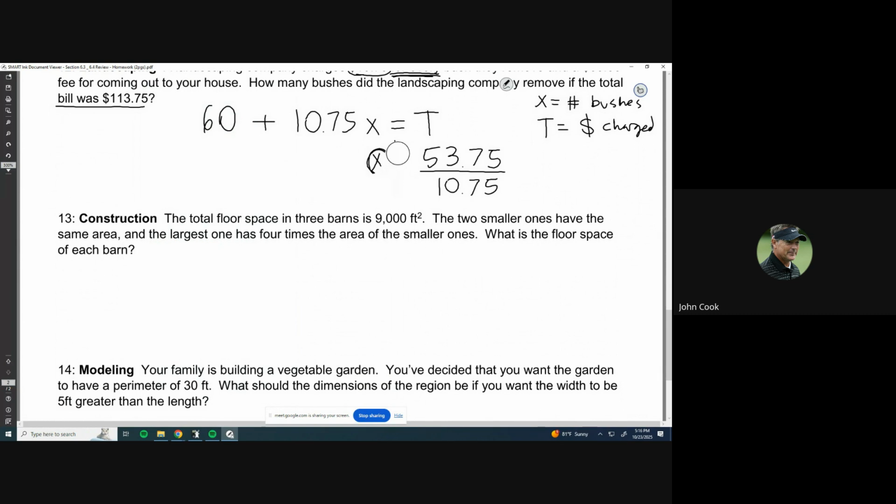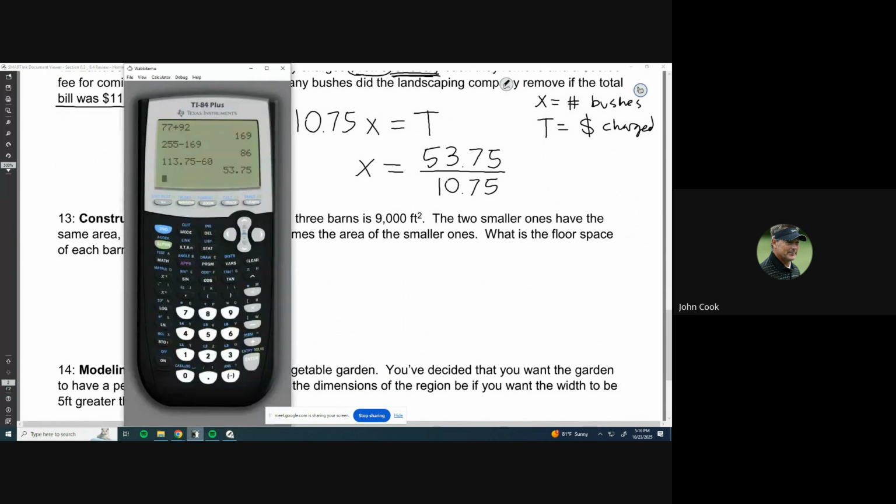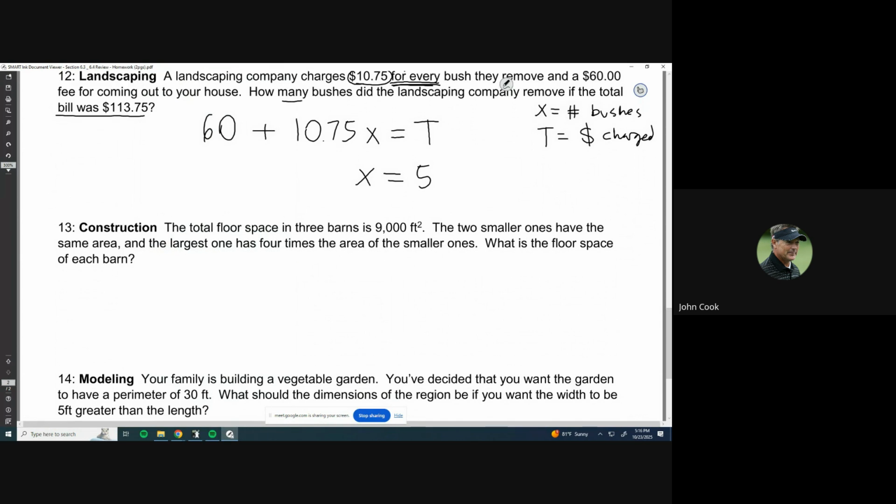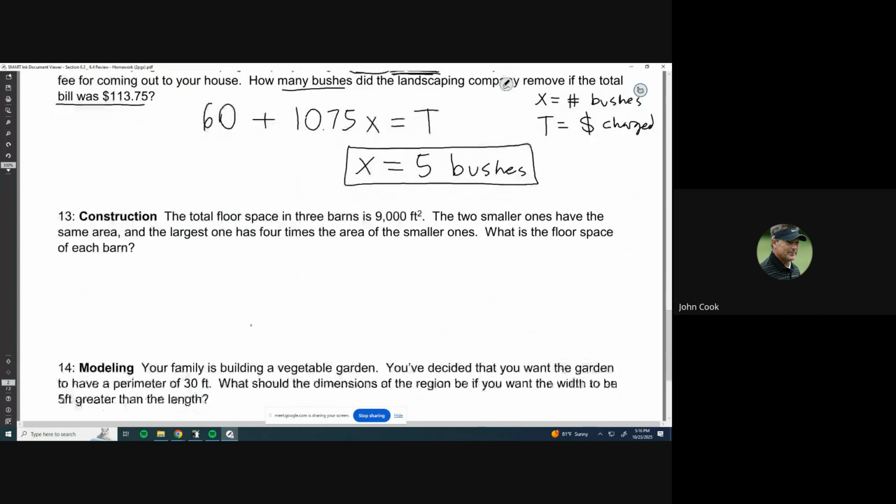So let's see what X equals on our calculator. 53.75 divided by 10.75 equals 5. So that just becomes 5 for X. Since it's a word problem, always consider units. The answer is going to be how many bushes, so 5 bushes would be my answer for this. Okay, there you go. So there's number 12, our first word problem.